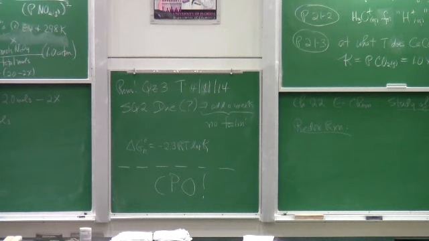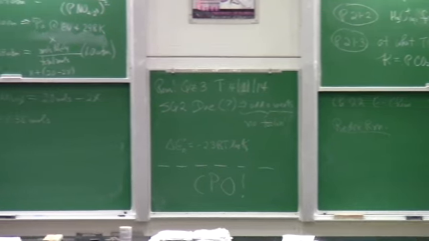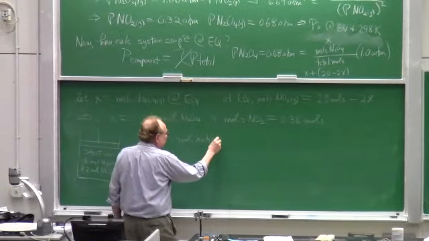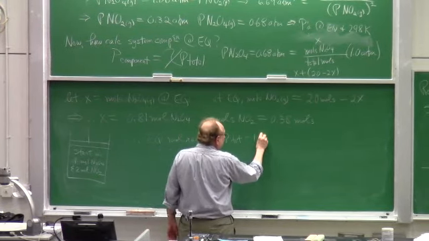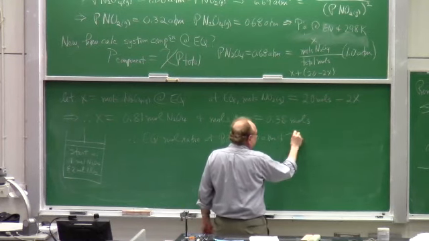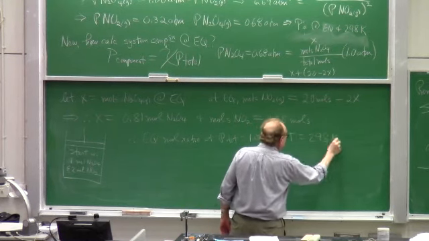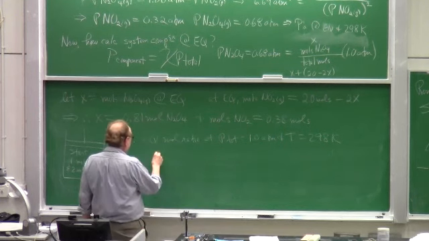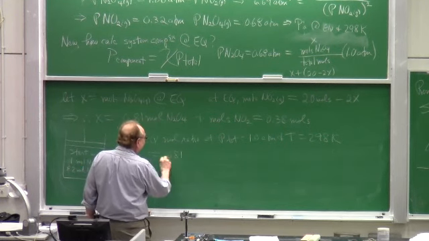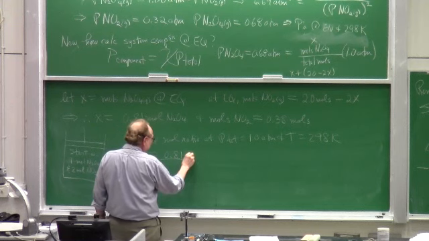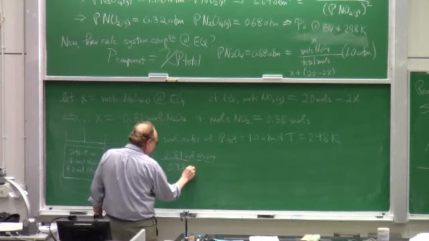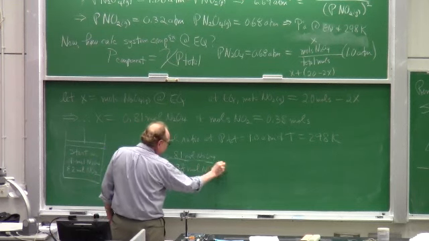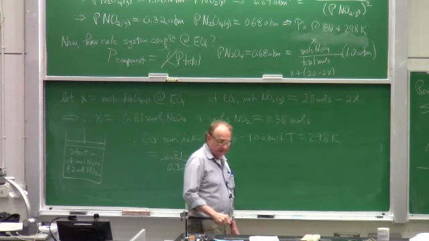So we'll write. Thus, EQ mole ratio at P total equals 1.0 atmospheres and T equals 298K is this, isn't it?